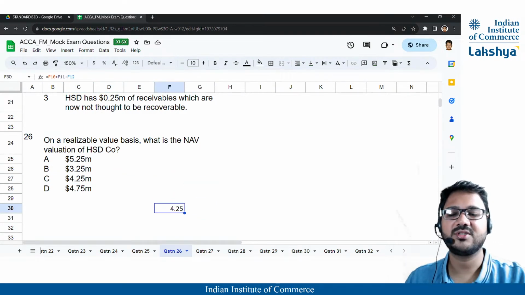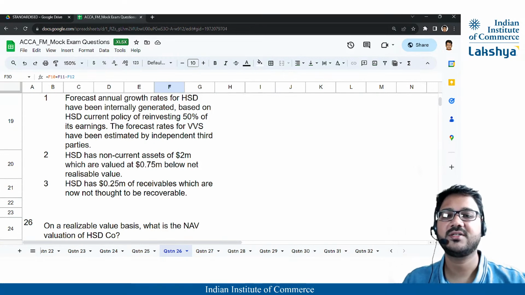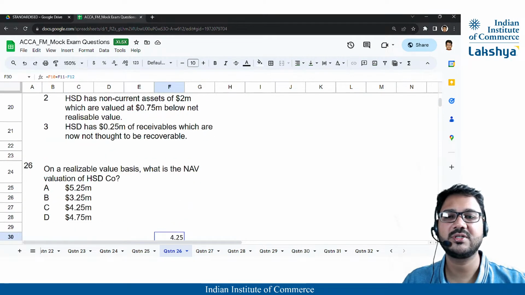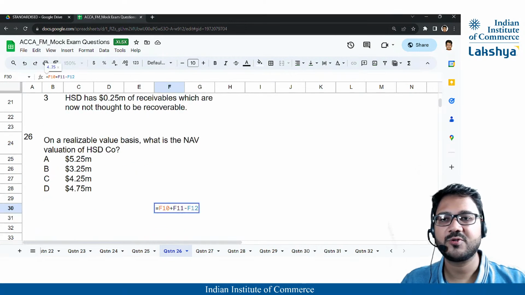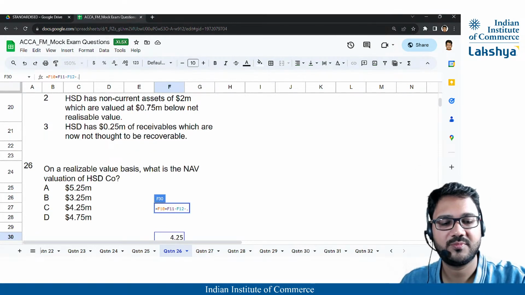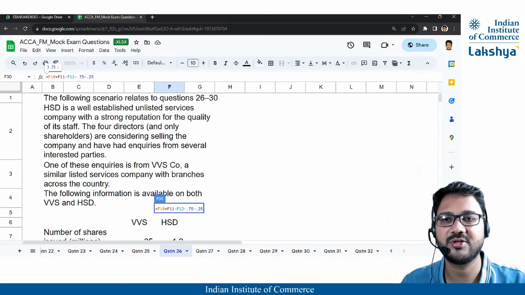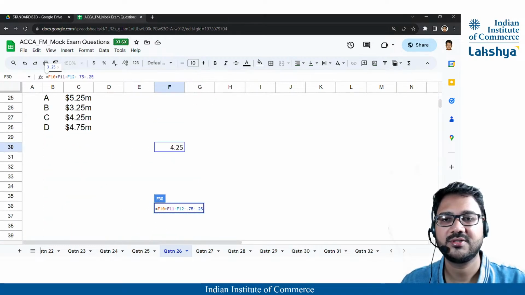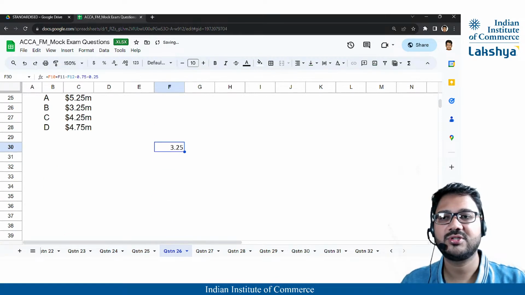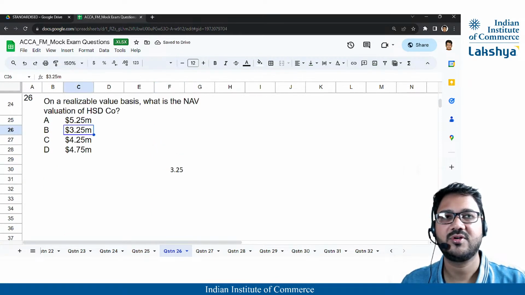However, in the notes, they have mentioned that 0.75 below realizable value and 0.25 of receivables are not thought to be recoverable. So minus 0.75 minus 0.25. Are these in million dollars? Yes, they are. So 3.25.